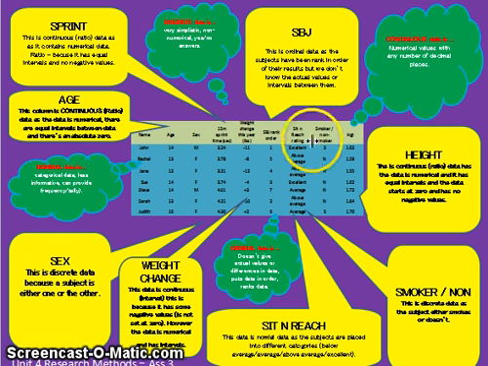You can see from this table that these are examples of different categories that have different forms of data. So there's sex, so male or female, that's obviously discrete data. There's age, which is continuous, but ratio because it has no negative value.